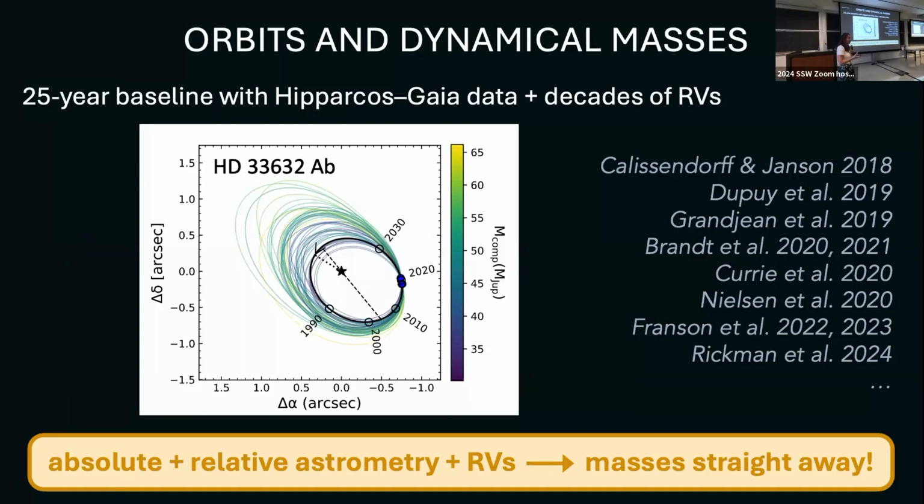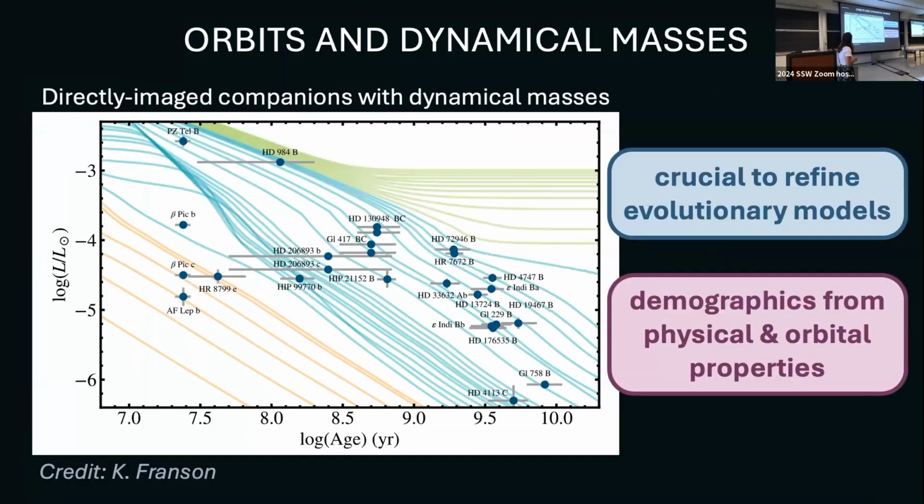So we've had to wait a really long time before being able to actually get model-independent dynamical masses for these systems. With all these new systems that we're finding through these methods, we can already try to constrain the orbit almost as soon as you have the first direct detection. And that's really valuable because it's providing us a lot of model-independent masses, which is really important if we want to try to validate and test the evolutionary theoretical models that a lot of our results are based on.